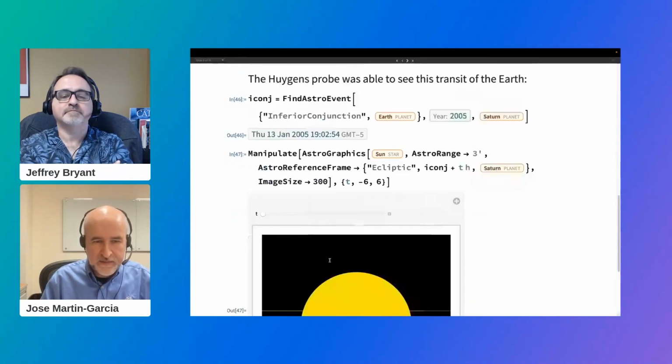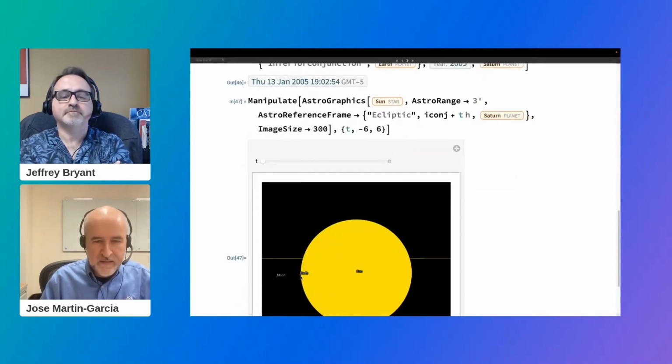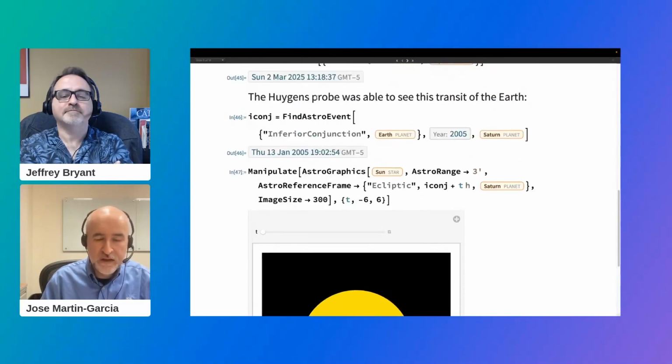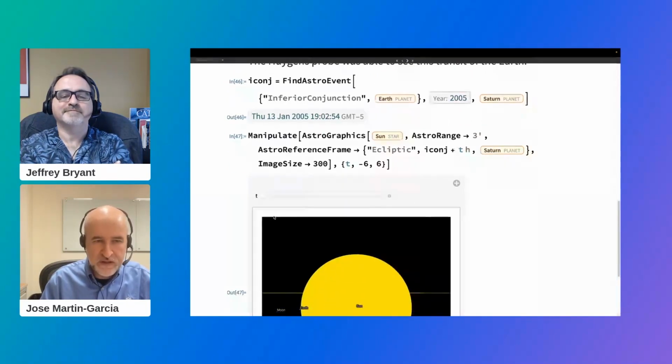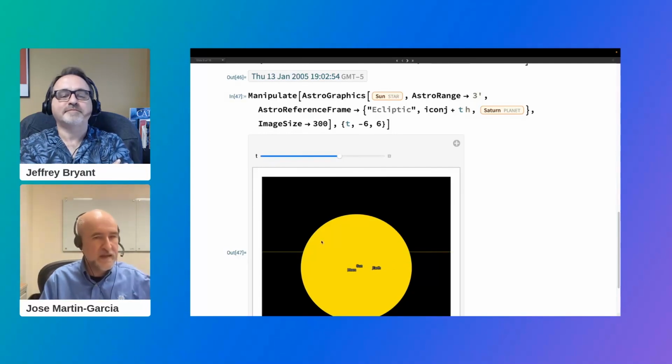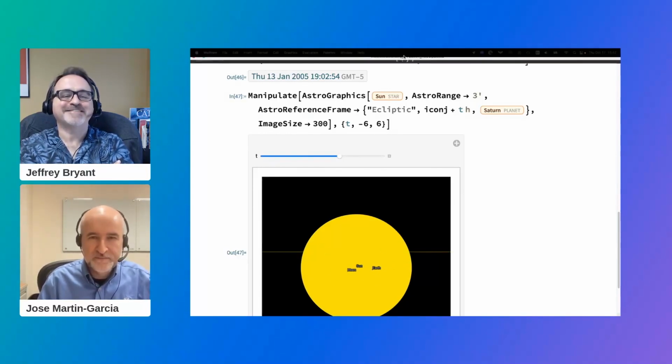And so that meant when the Earth passed in between the Sun and Jupiter, which was an event observed by the Huygens probe. There are very beautiful videos in YouTube showing this event, right? And it shows how the Earth takes 12 hours to cross in front of the Sun as seen from Jupiter, right? In spite of how fast the Earth moves, it takes 12 hours. Saturn, actually. Saturn, yes. Yes. Sorry.